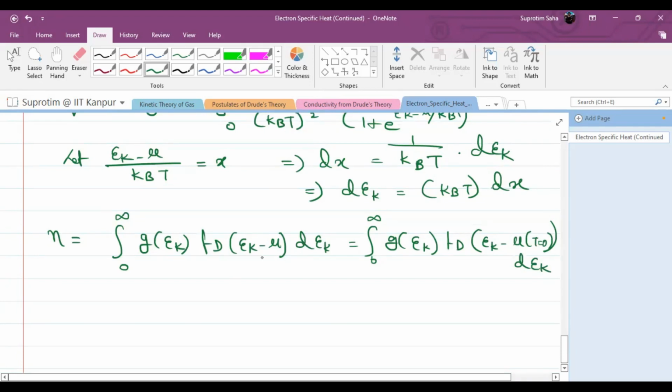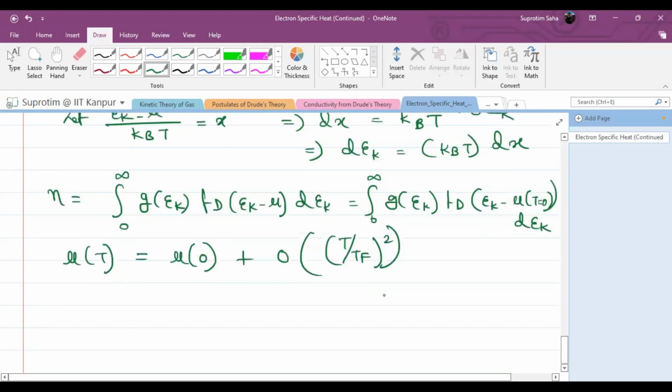So I'll not go deep into this, but extension of this integration, following this integration process, will give that mu at finite temperature T is given by mu at T equals 0 plus some terms of the order of T by TF whole squared.